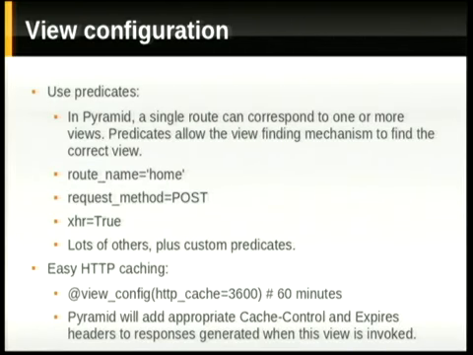We also encourage you to use predicates. In Pyramid, you can have a route that can correspond to more than one view. You don't have to define one route per view. The way Pyramid decides which view to call is by the use of predicates. For example, several views can have the route name home, like there. But only one view has the request method post. The other one has the request method get.